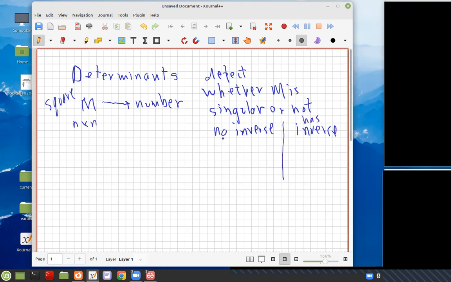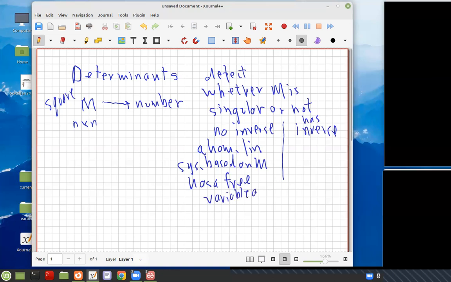And if you use this as a matrix of coefficients of a linear system, then a homogeneous linear system based on M, if it's singular, has a free variable, right?